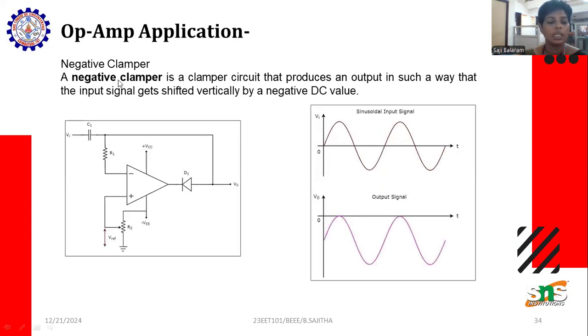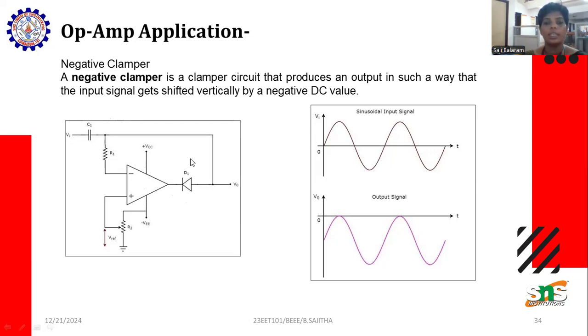So now coming to the negative clamping. As the name suggests, a negative clamper is a circuit that produces an output in such a way that the input signal gets vertically shifted by a negative DC value. Comparing it with the previous circuit, you can see that between the positive and the negative clamper there is only one single difference, which is that the diode is replaced in the reverse direction.